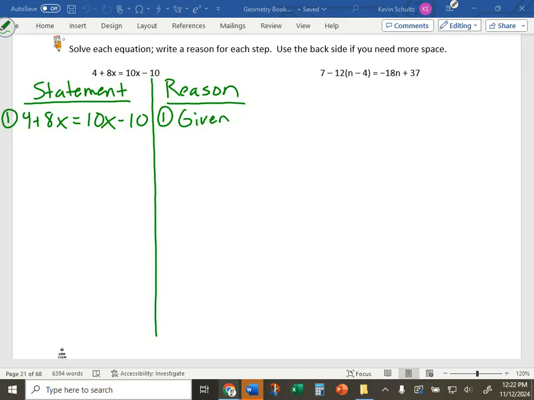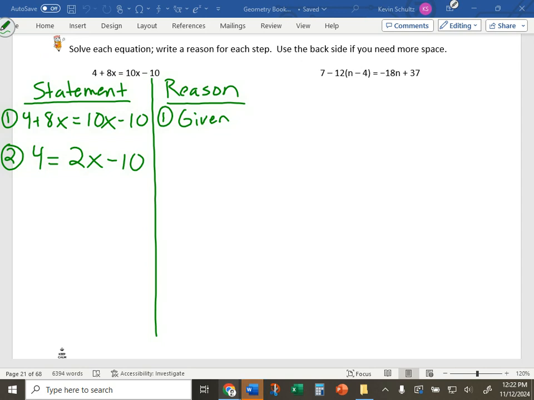Algebraically, if you were showing your work, you would subtract 8x and move it over. In geometry, you don't have to show that work. If we do move the 8x over, our second statement would be 4 equals 2x minus 10. And that 2x came from subtracting the 8x from both sides, right?